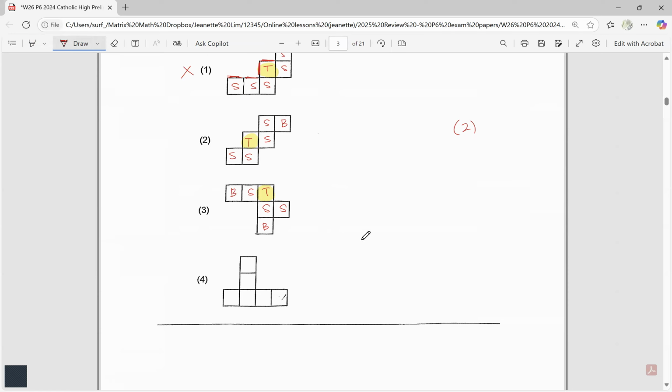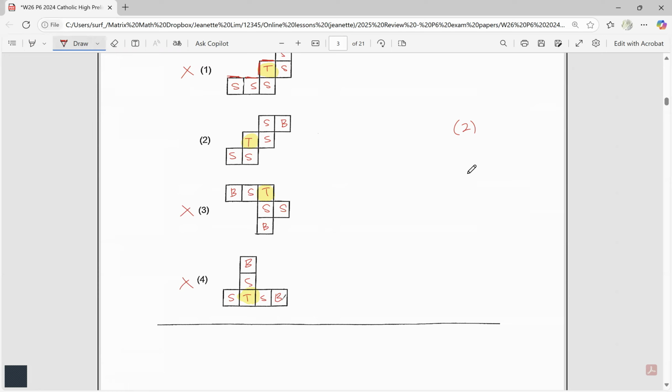So you have 2 bottoms, which means they would overlap, so 3 is out. Then lastly, you have this. Let's say we choose this to be the top. Then you have side, side, side. Now the other 2 will be the bottom. There's nothing connected to this side here. So this one is also out. So the answer is option 2.